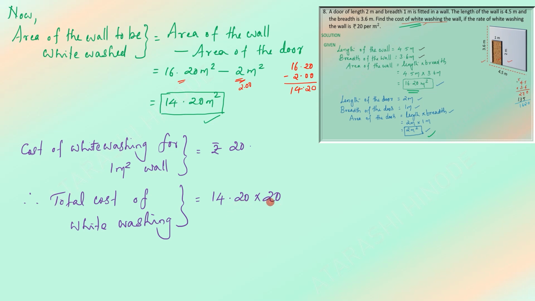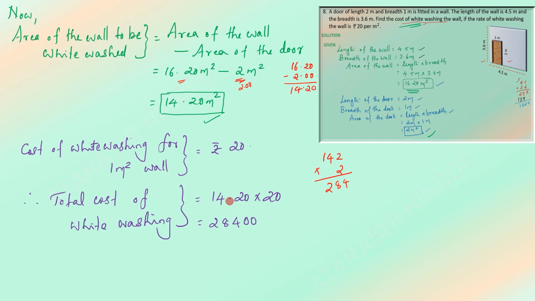For multiplying this, you write this number without decimal, that is 142 into, for 20 also you write 2 only. 2 2s are 4, 2 4s are 8, 2 1s are 2. That is equal to 284. Then put 2 zeros.